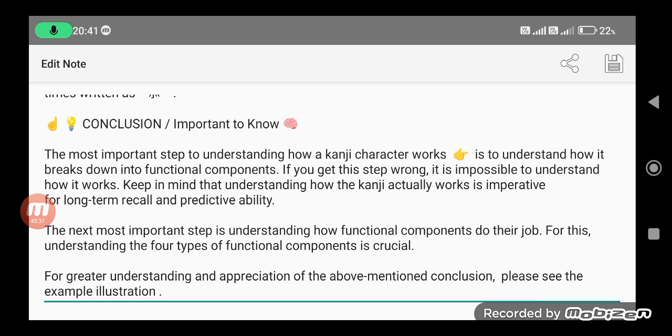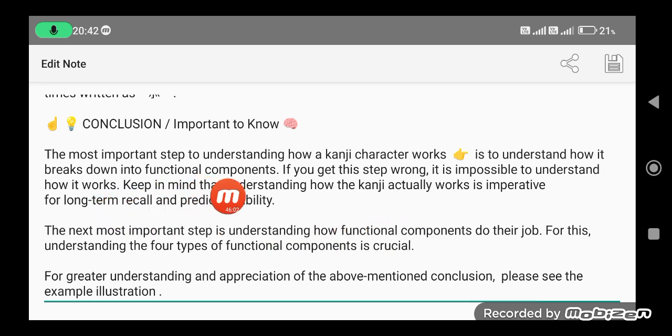Please try to understand that you need to understand the kanji radicals or components, because it's a very essential step. If you want to really understand kanji, you have to understand how it breaks down into functional components. If you get this step wrong, it is almost impossible to understand how the kanji characters work.